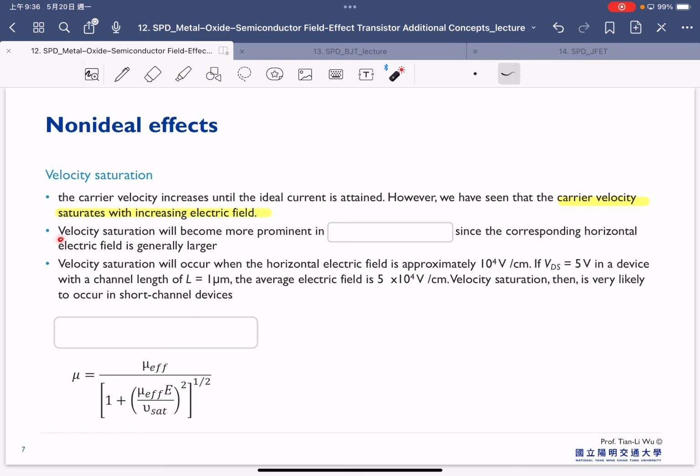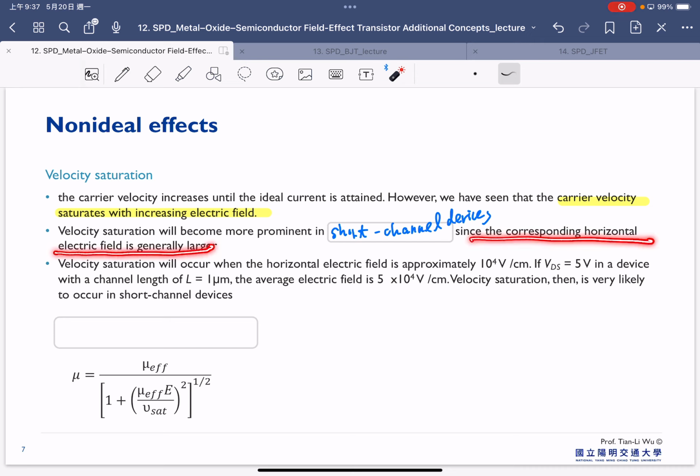Velocity saturation becomes more prominent in short channel devices, since the corresponding horizontal electric field is generally large.